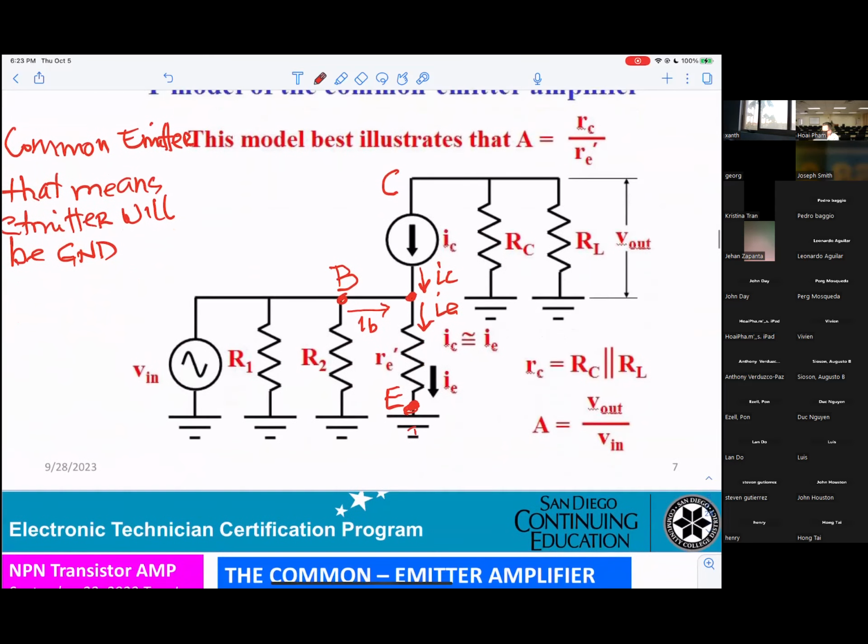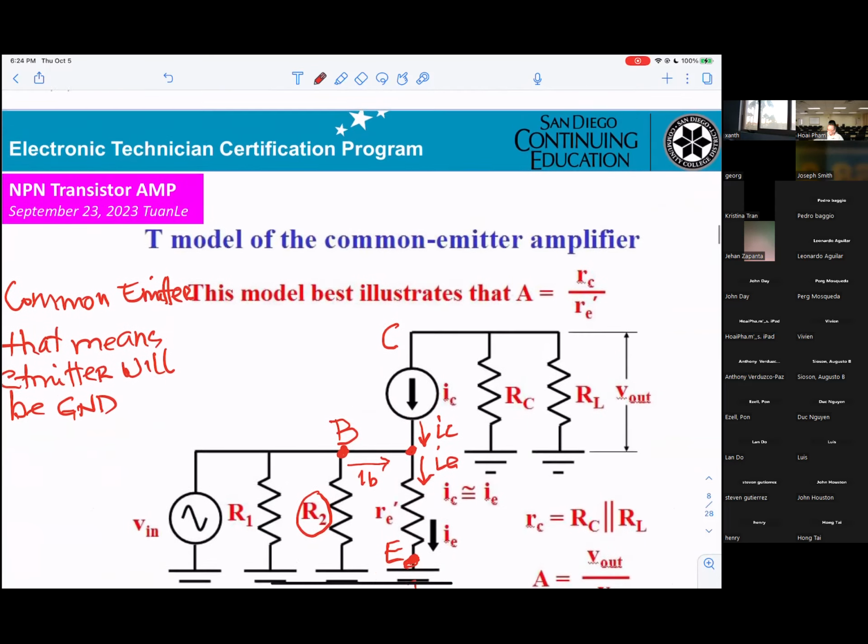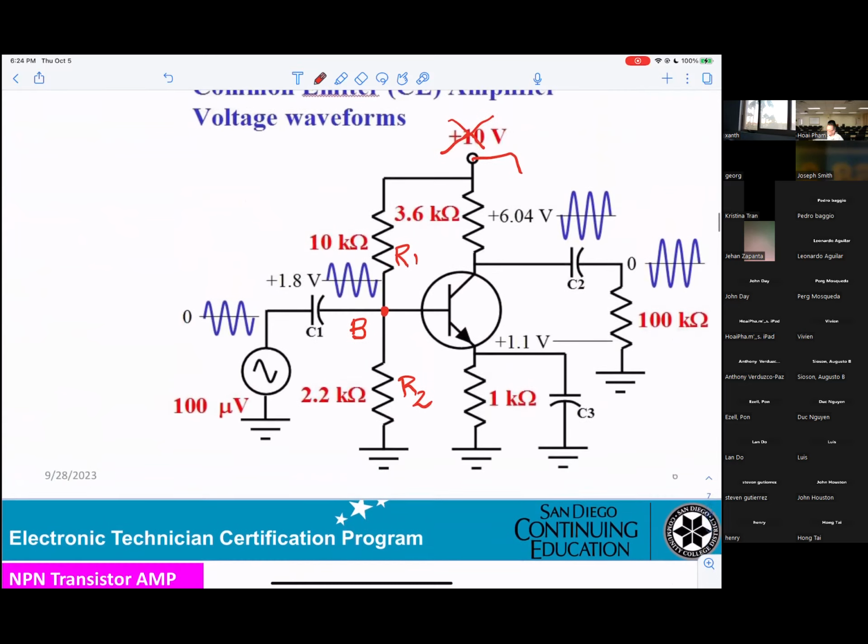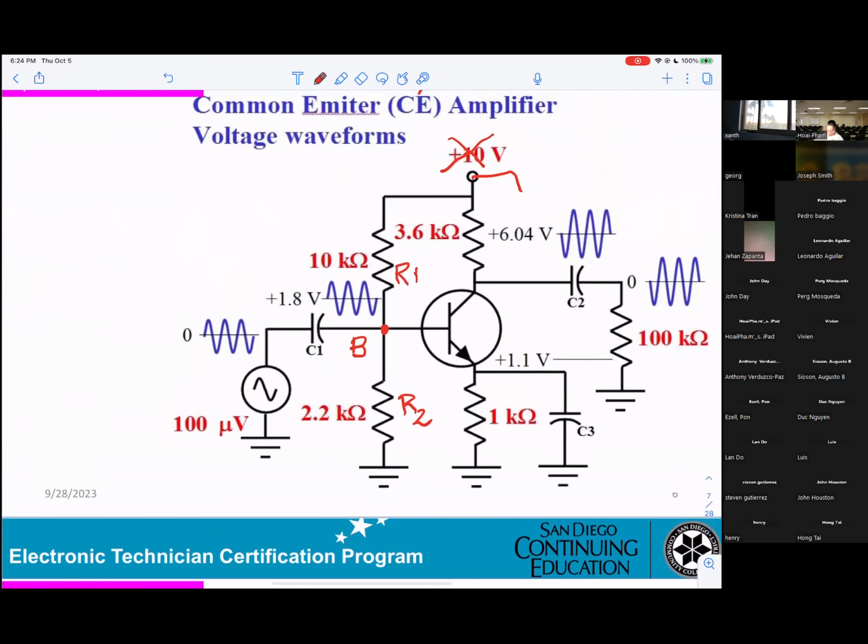That's why you can see right here, from the base to the ground, R2. Okay? What happened to R1? R1, one side connects to the base.